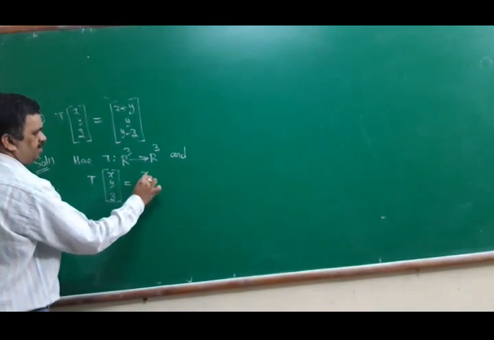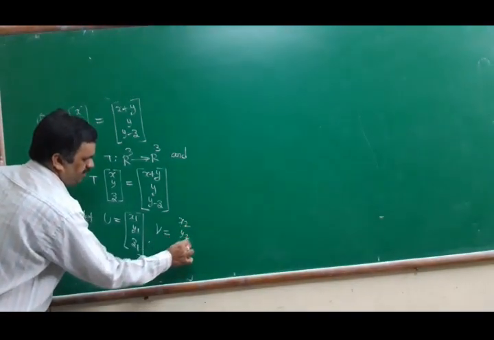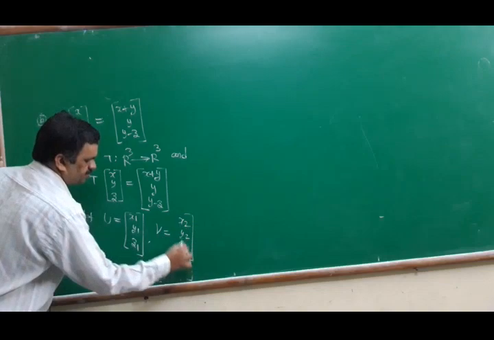equal to x plus y, y minus z. Again here also we will consider two vectors u and v. Let u equal to x1, y1, z1, and v equal to x2, y2, z2.